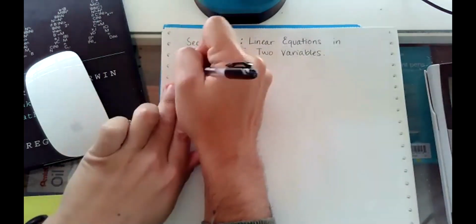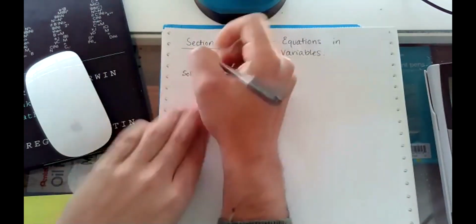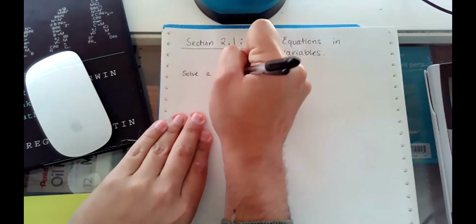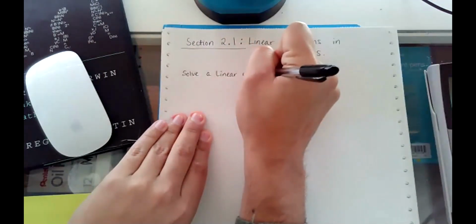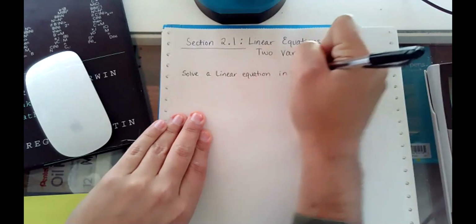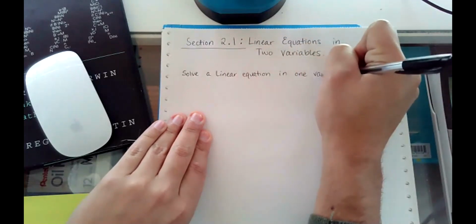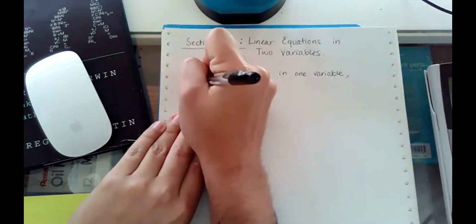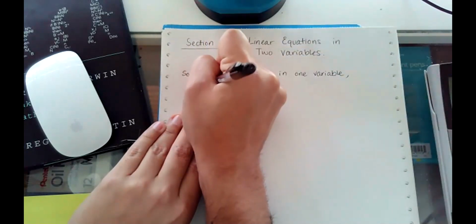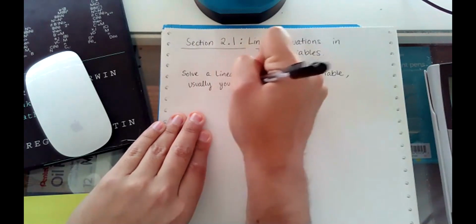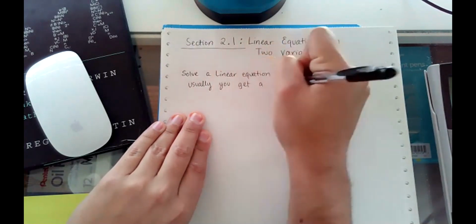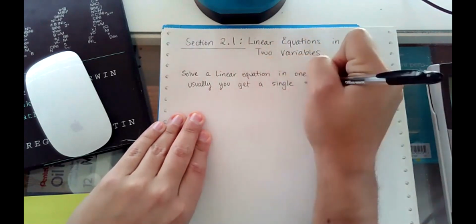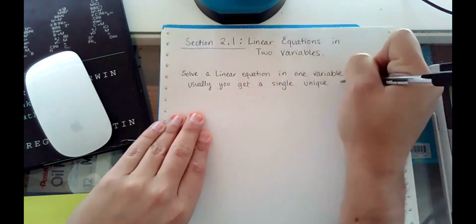So when you solve a linear equation in one variable, which is what we've been doing, usually you get a single unique solution.